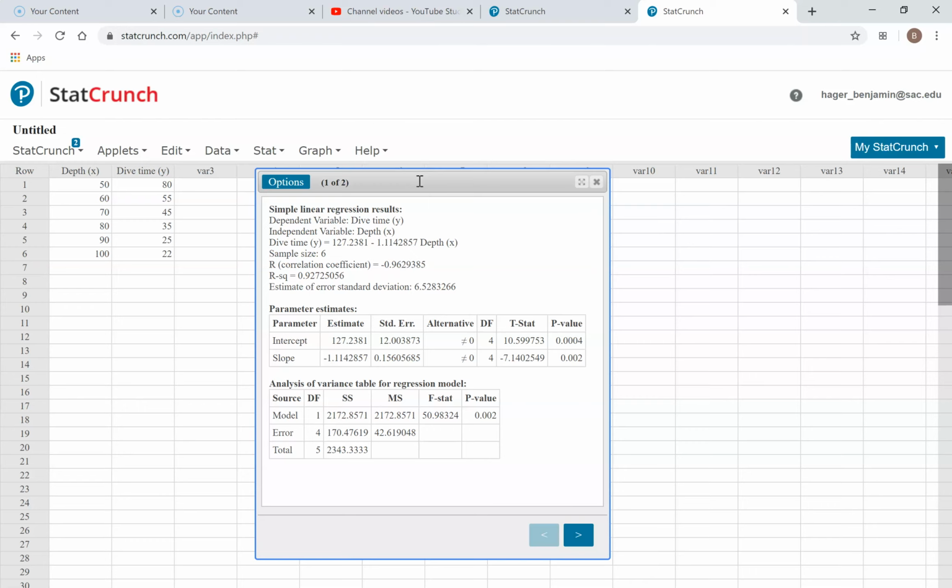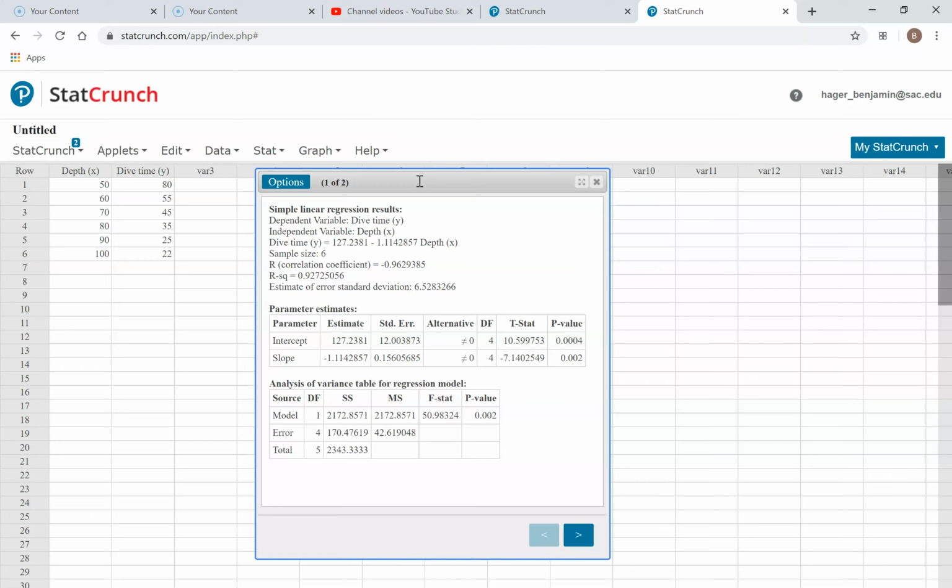So remember in the last video we said that a correlation coefficient is a number between -1 and 1. It's negative if the data is going downhill and positive if the data is going uphill. And the closer it is to those ones or negative ones, the stronger the correlation is between depth and dive time. This is really close to -1, meaning there is a strong correlation or a strong association between the depth that you scuba dive and the dive time you can stay there.